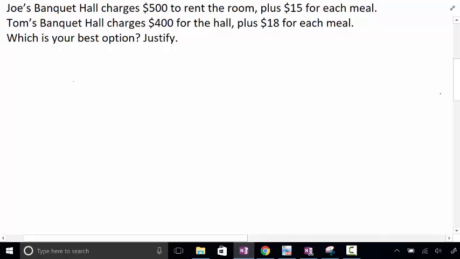So, let's take a look at my variables first. You always want to think about your variables and make sure you define your variables. I think during the homework, a lot of you did not define your variables. So please define your variables first and then do the question. Now, what is X going to represent? The number of students or meals, right? Number of meals.